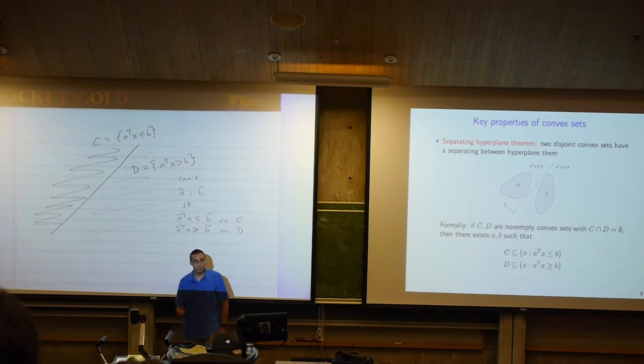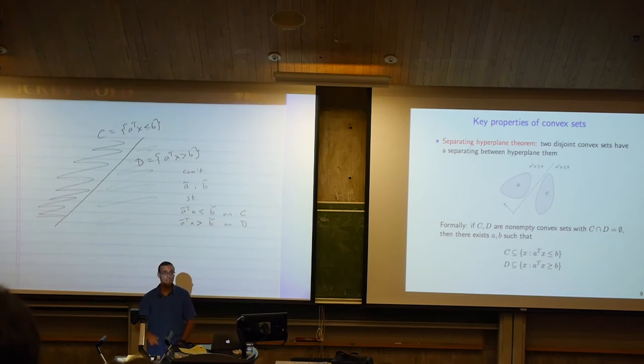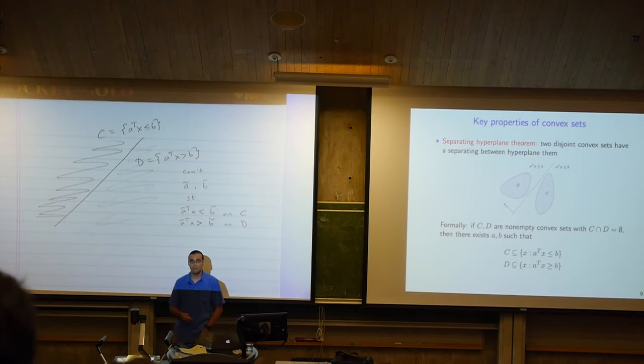This may be a surprise to you, but even if C and D were both closed, still not possible. Here D is open. Even if C and D were both closed, still not possible to find a strictly separating hyperplane. And convex. We're going to keep convexity. Anybody have an example for that?